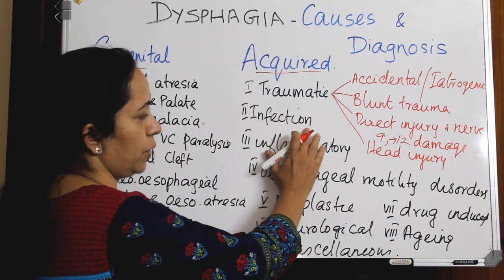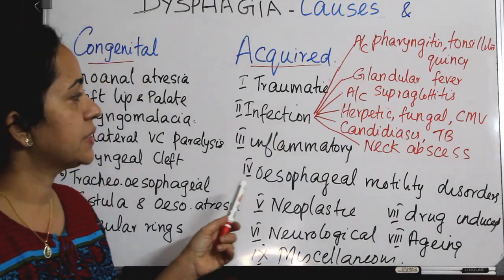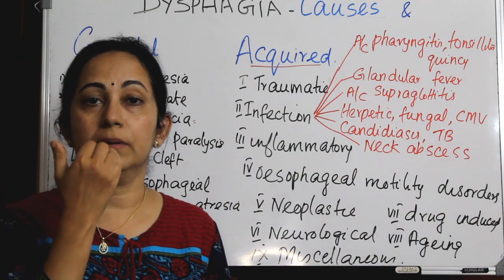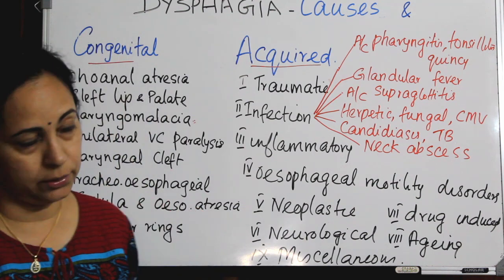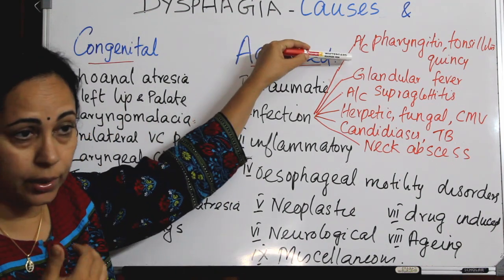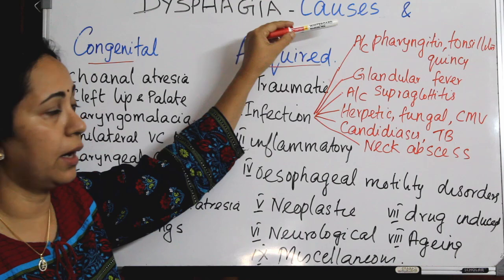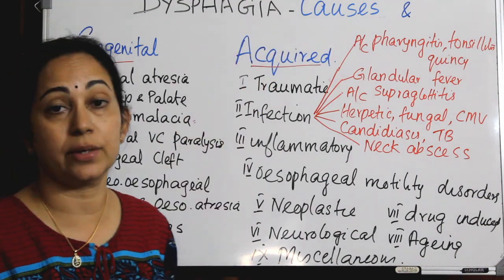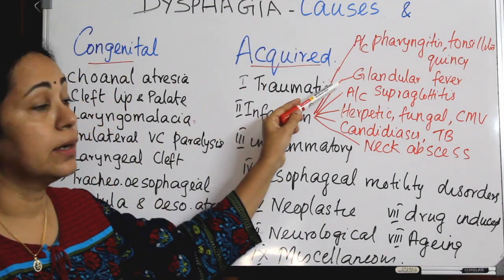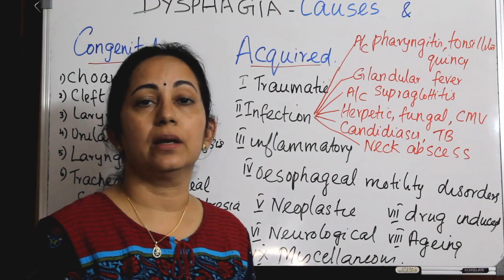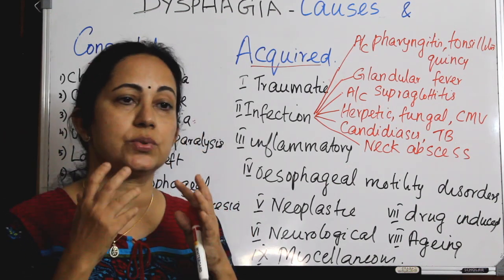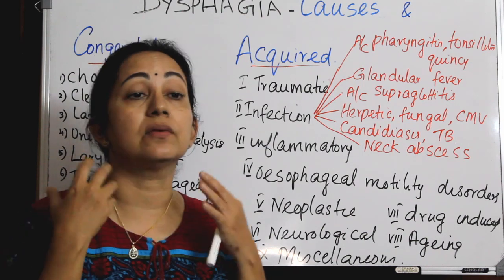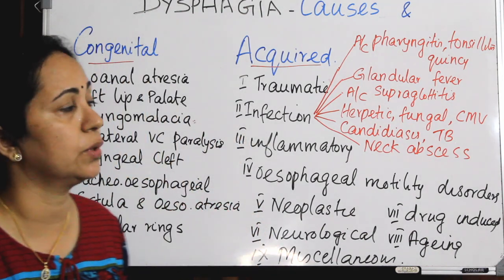And in the infective causes, the infection can be anywhere from mouth up to the stomach. So, in the oral cavity and oropharynx, common acute pharyngitis, tonsillitis and quinsy. Then glandular fever caused by Epstein-Barr virus, which is associated, along with the dysphagia, with severe cervical lymph node enlargement also.